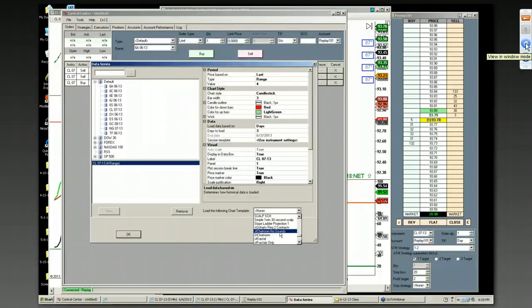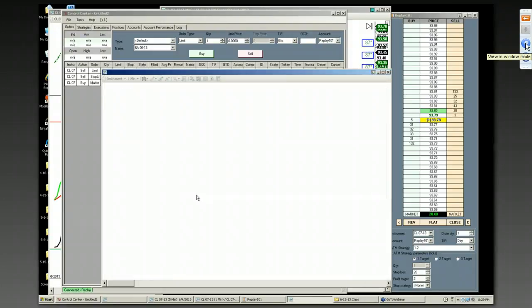Okay, chat room, no sounds. That'll do it. Okay, if it will load. Oh, I didn't put an instrument in. I'm sorry, I thought I chose CL. All right, let's get rid of that. I'm sorry, guys, this sucks. There it goes. I didn't choose a range either.